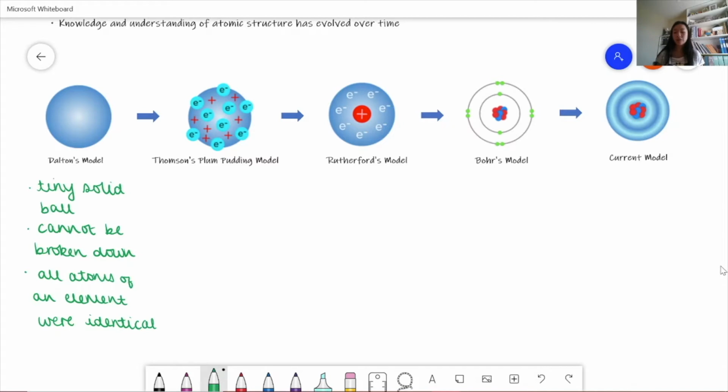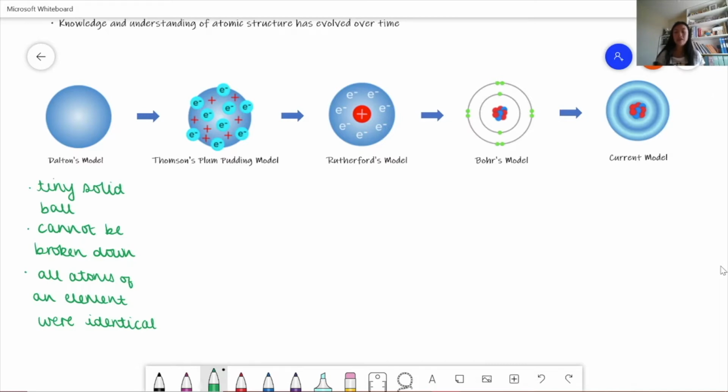After Dalton's model was made, scientists used this model to make predictions. But sometimes the results of their experiments were a surprise, and they didn't fit with this existing model made by Dalton. So scientists had to change this model slightly to explain any new evidence that they found. First we have Thomson's plum pudding model, and this was the first development of Dalton's model.